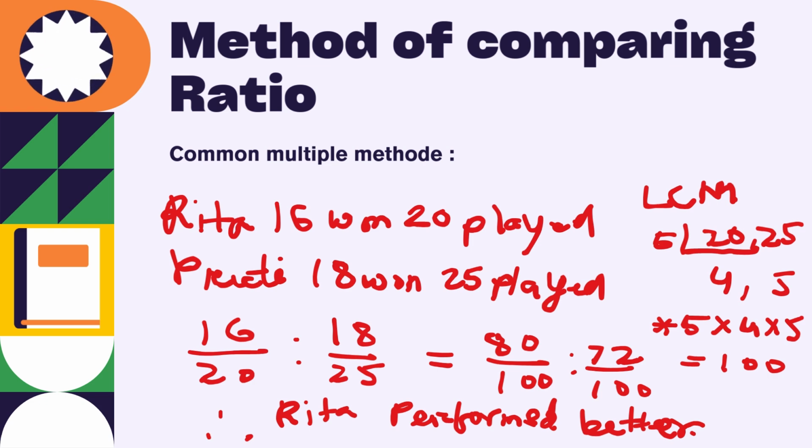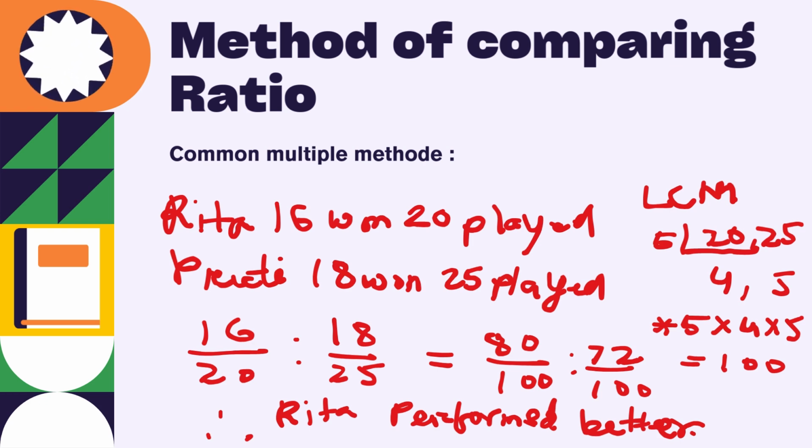We therefore scale each of these ratios so that the second number is 100. Thus, by multiplying the given numbers by 5 and 4, we can obtain these ratios in the following form: 80 is to 100 played, and 72 is to 100 played.